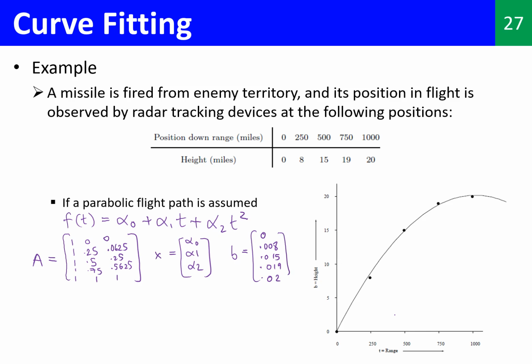So if you do that right, you would end up with a least squares parabola f(t) equals minus 0.000286 plus 0.03983 t minus 0.01943 t squared.